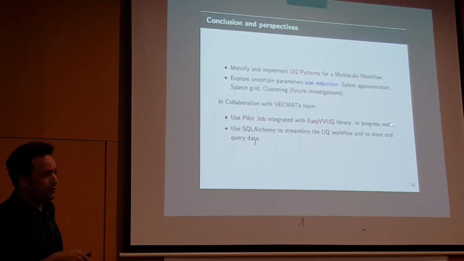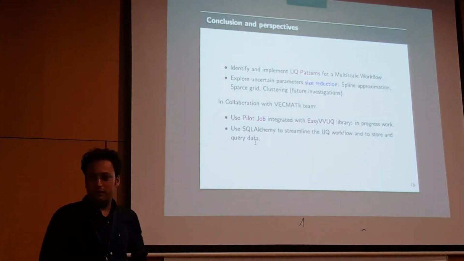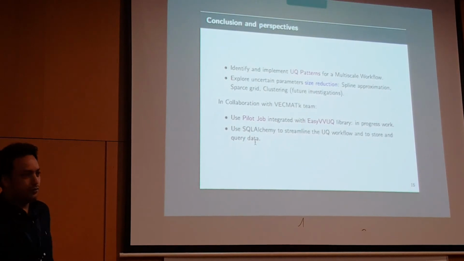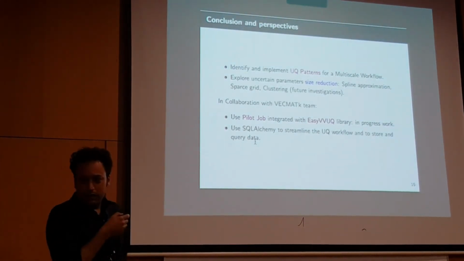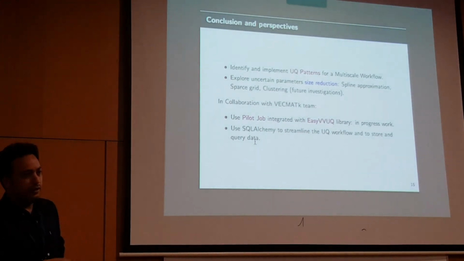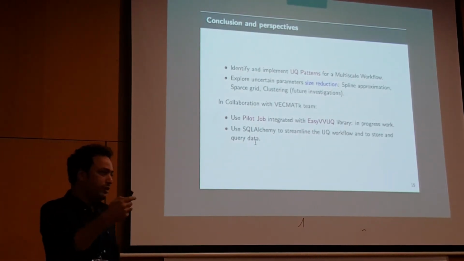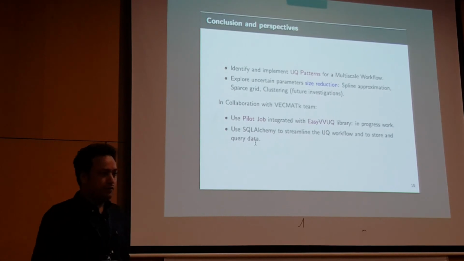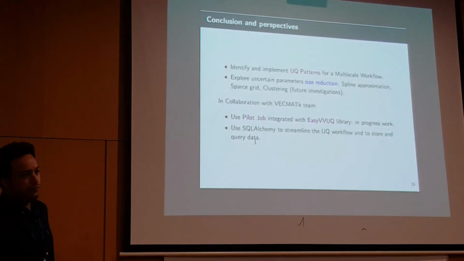It was work in progress, but now it's already done. I think you can also connect to the GitHub of the VECMA toolkit, and you can find the step-by-step for a toy model, using just Python code, or the fusion code also.